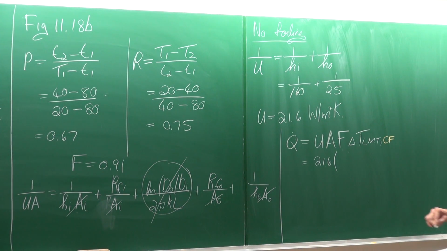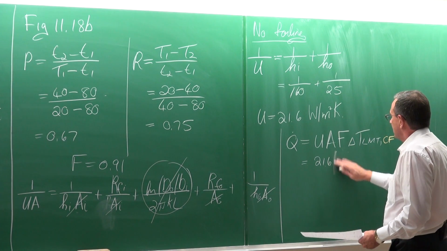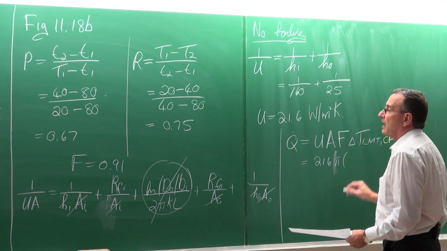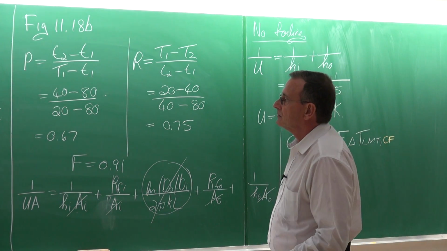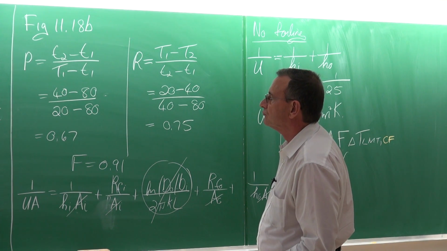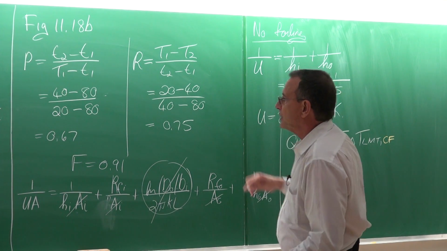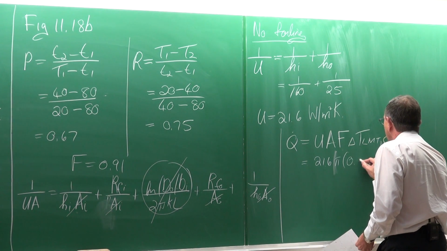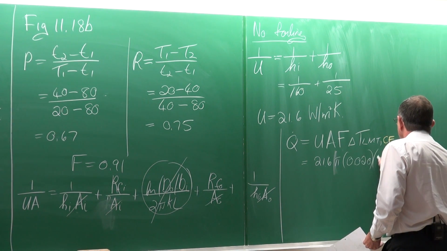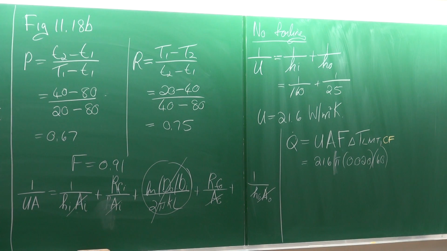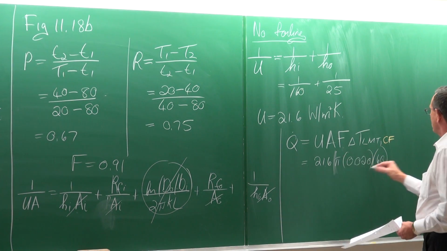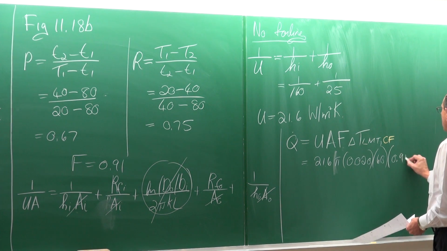The surface area is pi multiplied by the diameter of the tube, 20 millimeters, there it is. Multiplied by the length, which is 60. That is the surface area. Multiplied by the correction factor, which is equal to 0.91.